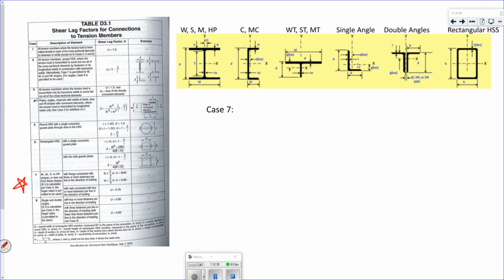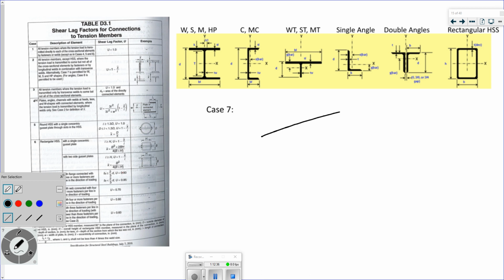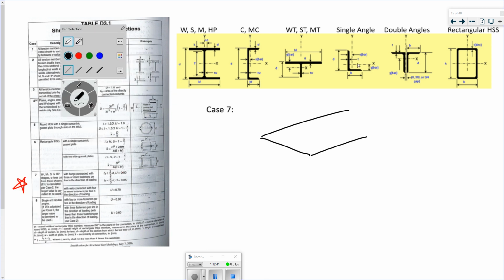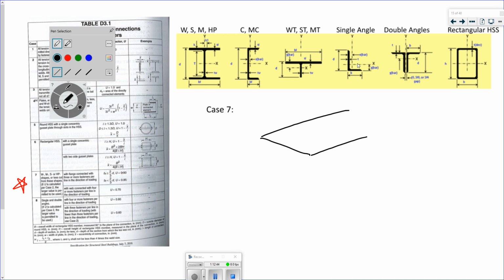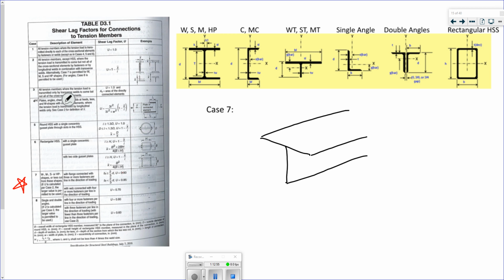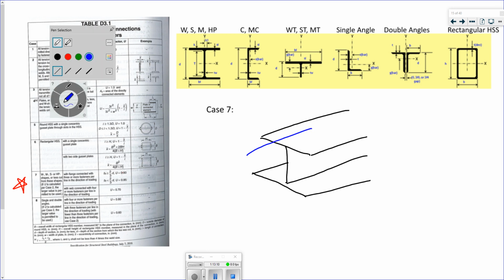Right? And what it's talking about is, for a W, M, S, basically any I-beam or the T's cut from their shape, so a WT, a W or a WT. If the flange has 3 or more fasteners in a row, so we're attaching our plate to a flange.